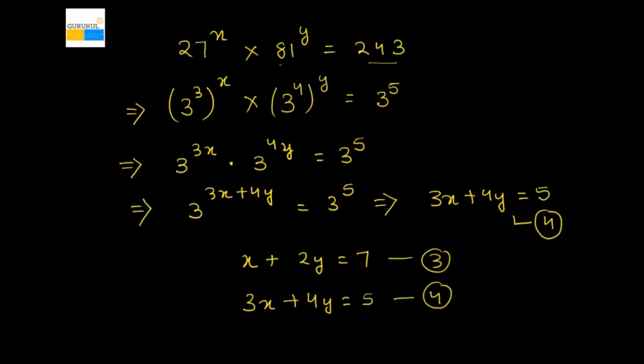Now here you have 2y and 4y, so I can multiply equation 3 by 2. If I multiply by 2, you get 2x plus 4y equals 14, and 3x plus 4y equals 5 remains as it is.